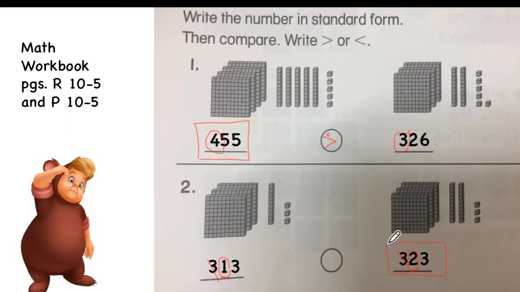Who will come and eat it? The Pac-Man will come and eat it, and he will look at the food that he goes to eat. So the mouth will be open this way, and it says that 313 is less than 323. That mark says it's less. Just check if you have the correct answers. Yes, we do.